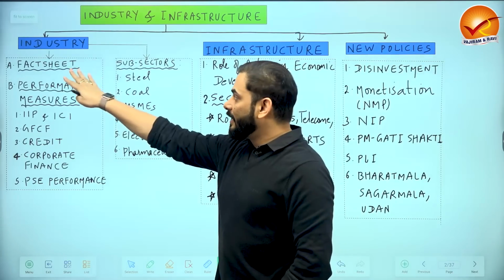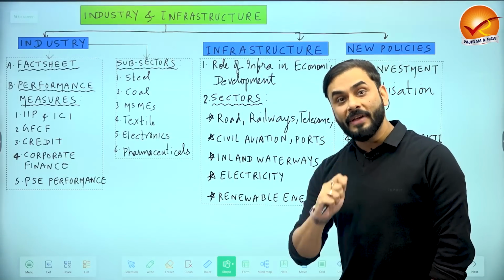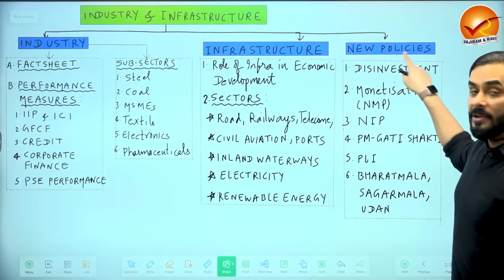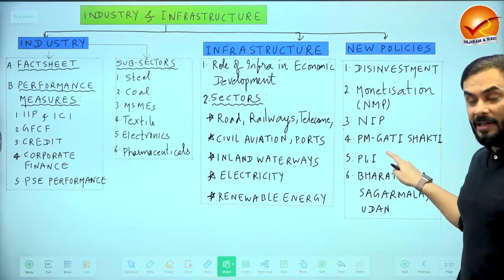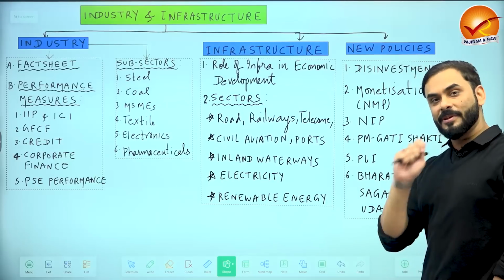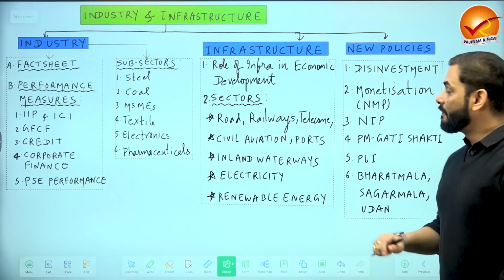While we are discussing industry and infrastructure, we would put a lot of emphasis and give a lot of importance to some of the important policies launched by the Government of India in the field of industries and infrastructure. I'll give you some examples. For example, the disinvestment policy by the Government of India.